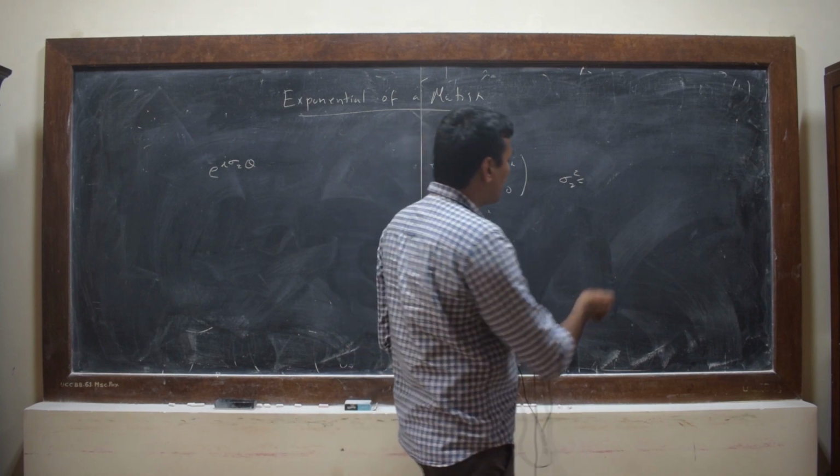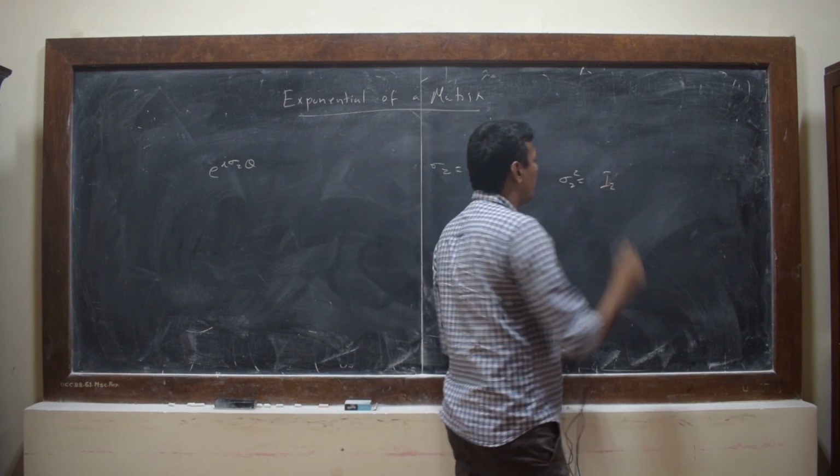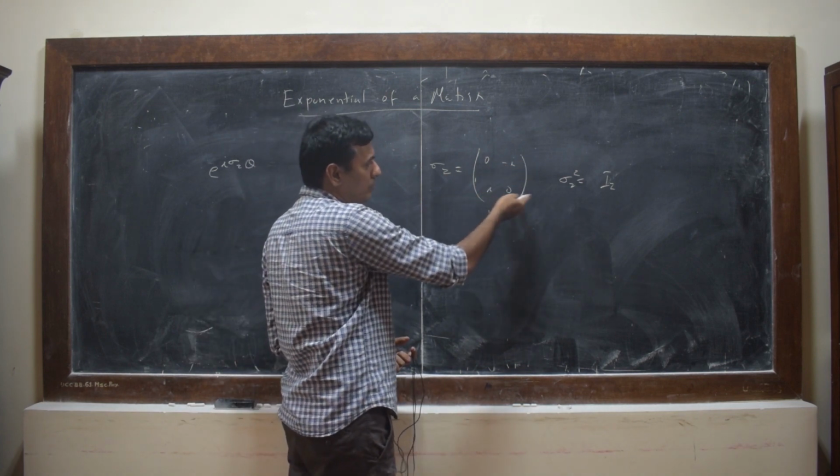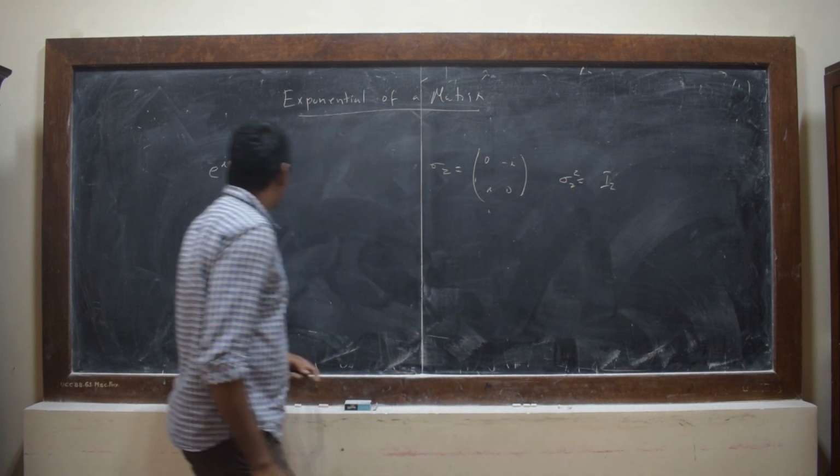So what is sigma 2 square? It will be I2, it will be identity. You can see that if you take the product of sigma 2 into sigma 2, it is going to be the identity matrix. Okay.